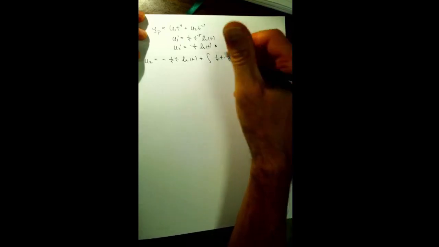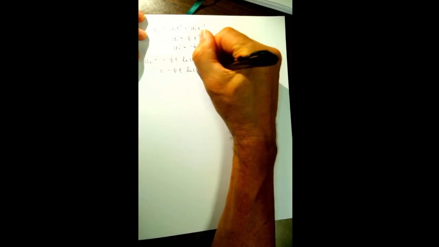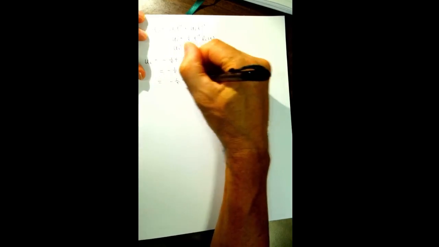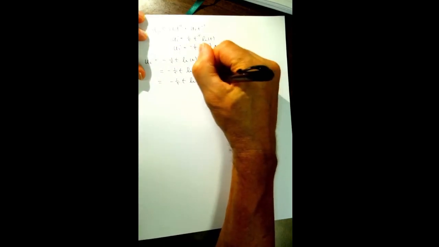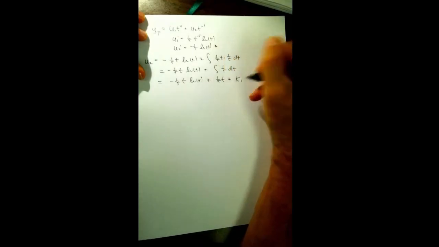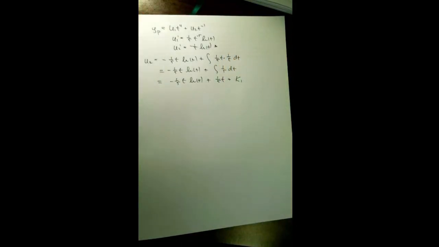T divided by t is 1. So I get minus 1/5 t log of t plus the antiderivative of 1/5 dt. Now I can do that antiderivative. This becomes minus 1/5 t log of t plus 1/5 t plus a constant we'll call k1. So there's my u2, which I'm going to use later when I plug into that term.